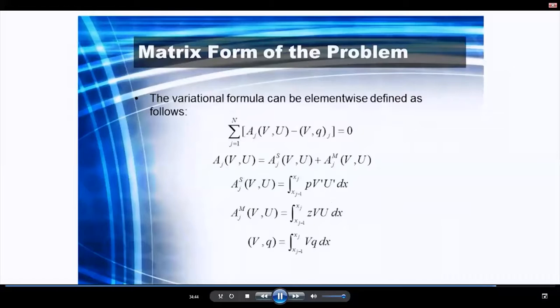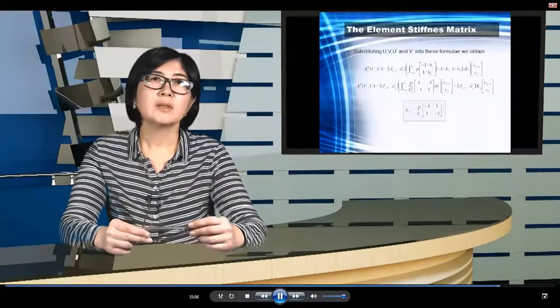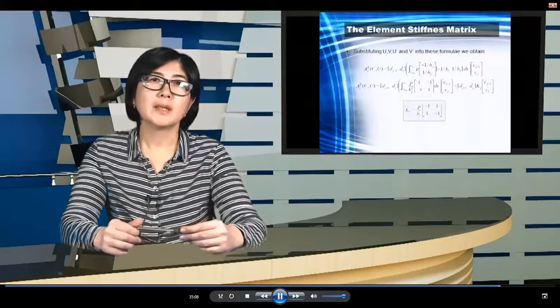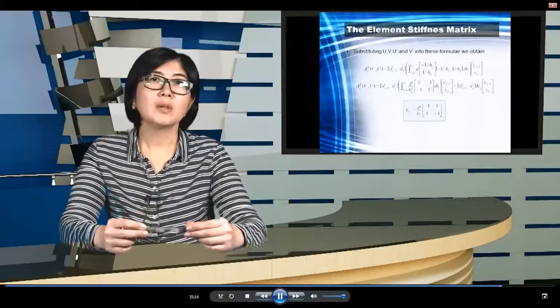It is therefore worthwhile to divide the formula into smaller, manageable parts by defining the following. Substituting the values into this formula, we obtain the matrix. The matrix K is called the element stiffness matrix.